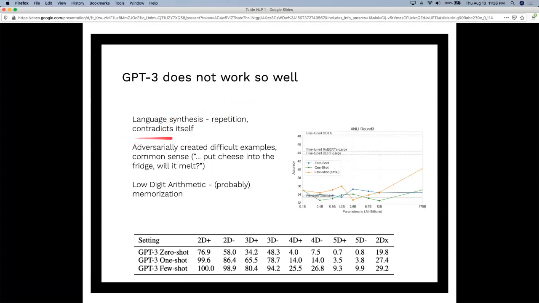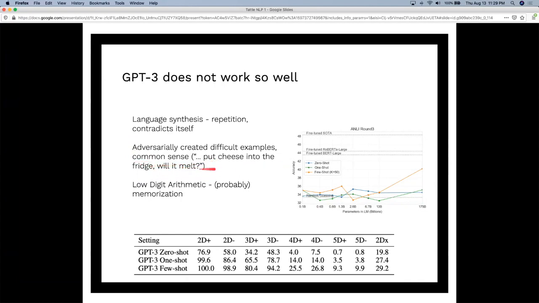There are certain times when you try to generate long text dumps, it will start contradicting itself because there is no explicit mechanism to prevent it. So that also happens sometimes. The other very discouraging thing for me is that for very simple common sense stuff, it does not work well. For example, if I put cheese into the fridge, will it melt?